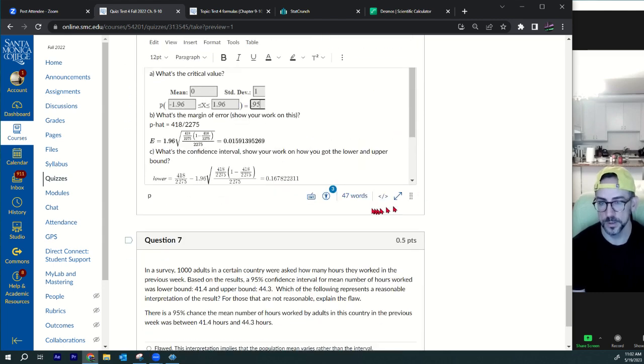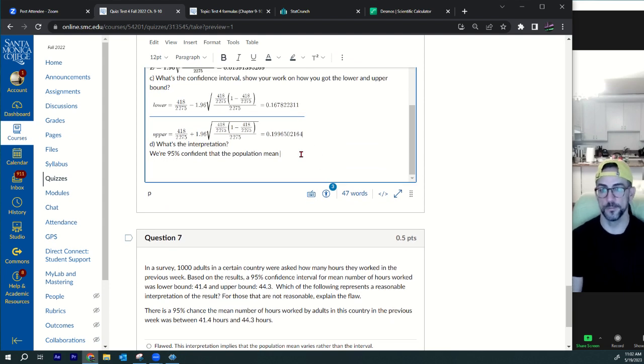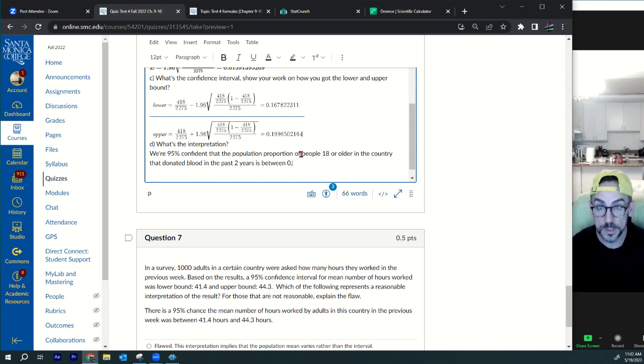Okay, so we're 95% confident that the population proportion of people 18 or older in the country that donated blood in the past 2 years is between 0.1678 and 0.1997. Done.